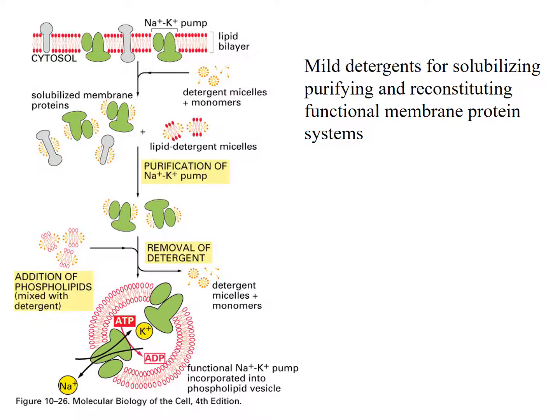You purify them, you remove the detergent, and you add your own lipids, whatever you wanted, and notice you reconstructed the pump inside basically an artificial lipid bilayer, and then you can study what's coming in and out of the bilayer here, and you could test with temperature, poisons, chemicals to see what's driving the function of the sodium potassium pump. You can actually add material in and follow it in and out of the cell.